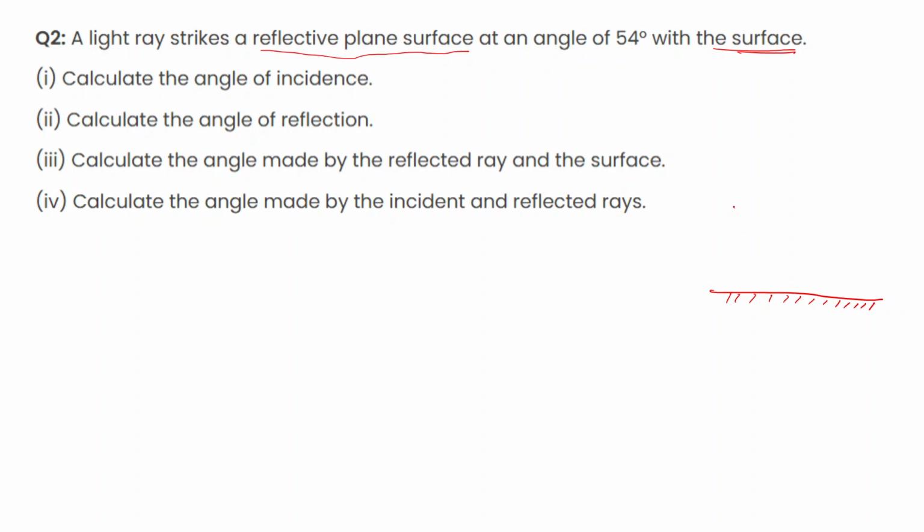A light strikes this surface at an angle of 54 degree, but this angle is measured from the surface. So from the surface, the incident light is making a 54 degree angle.